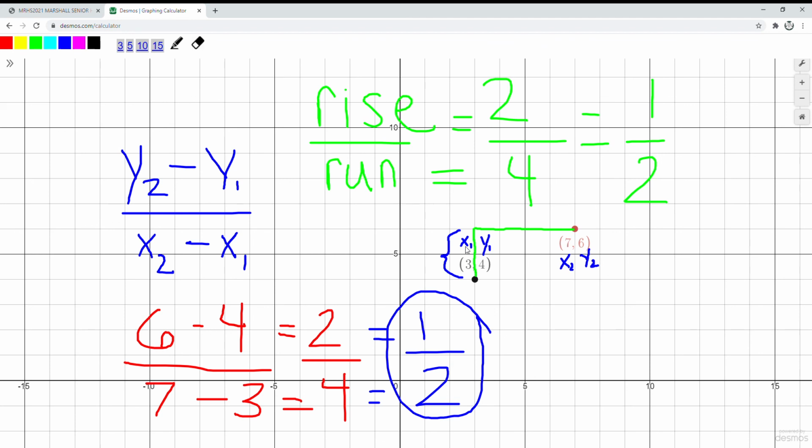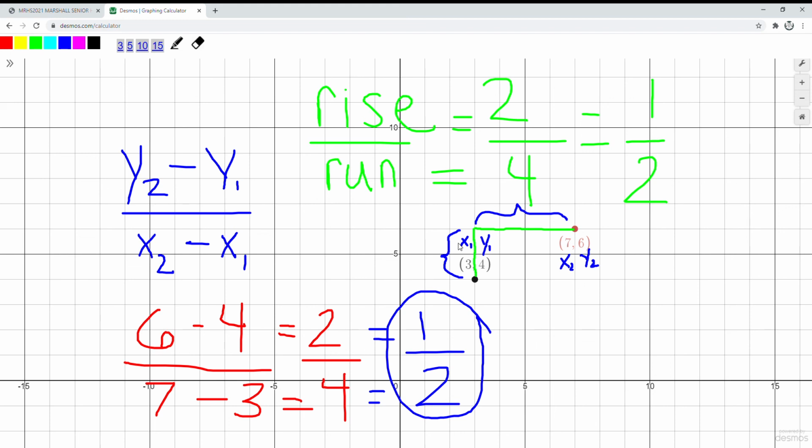How much did it rise? Or maybe you could think of where did it end, the y-coordinate where it stopped, minus where it began, the y-coordinate where it started. Same thing happens with x, right? We're looking at how far did it run? How far did it have to move in the x direction? Or, where did it end minus where it began in the x. That's why we get the same answer either way. That's why these are equivalent ways of finding it.